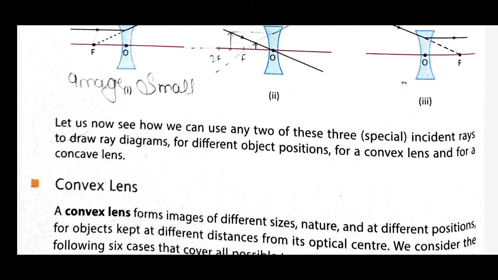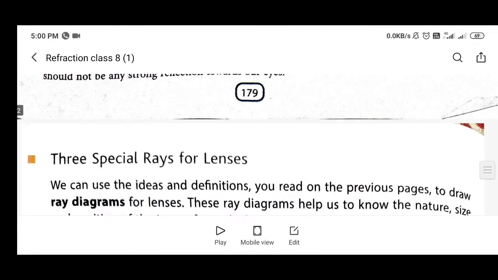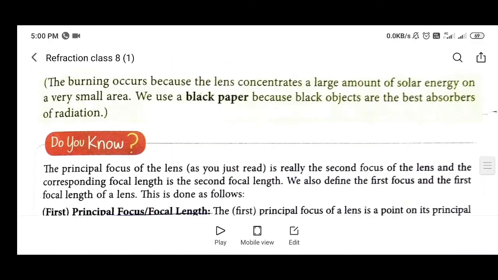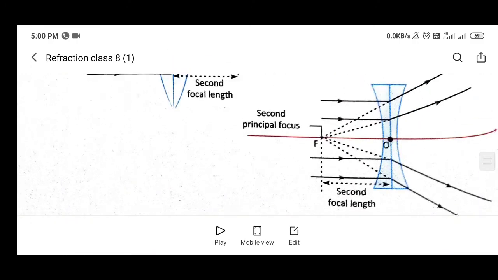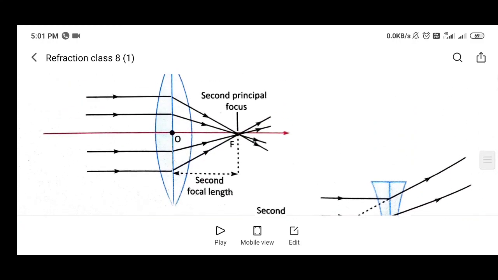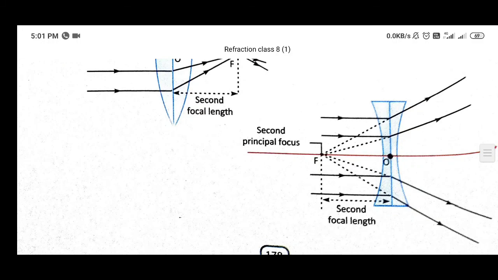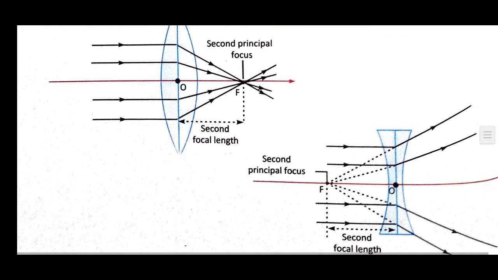As I told earlier today, whenever you have to write down the principal focus of a spherical lens, you have to draw both the images on page 178.